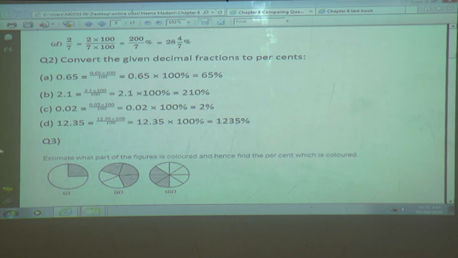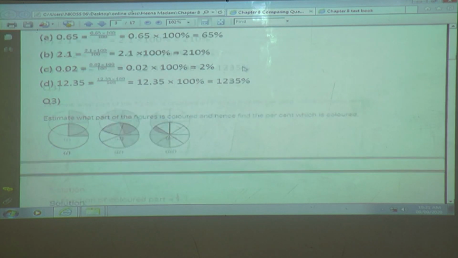In this way, if you get any decimal, you can write your own example and try. A decimal can be converted into a percentage by multiplying by 100%. This was very easy.